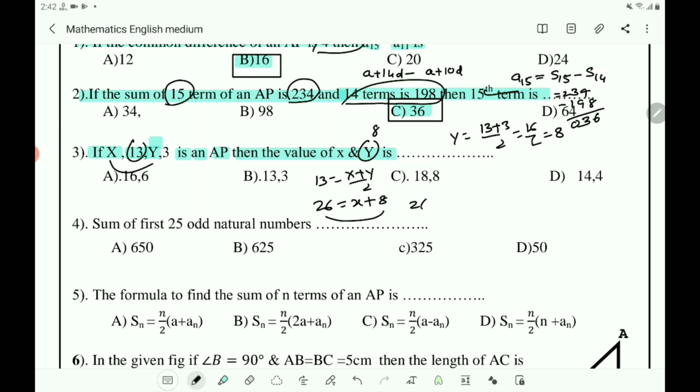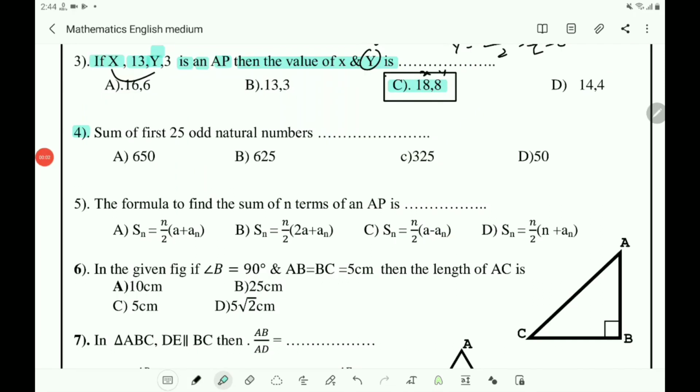Then 26 minus 8 equals X. 26 minus 8 is 18. So you got X equals 18. Then what is the answer here? X equals 18, Y equals 8. Option C is the answer. Note down the answer, option C.